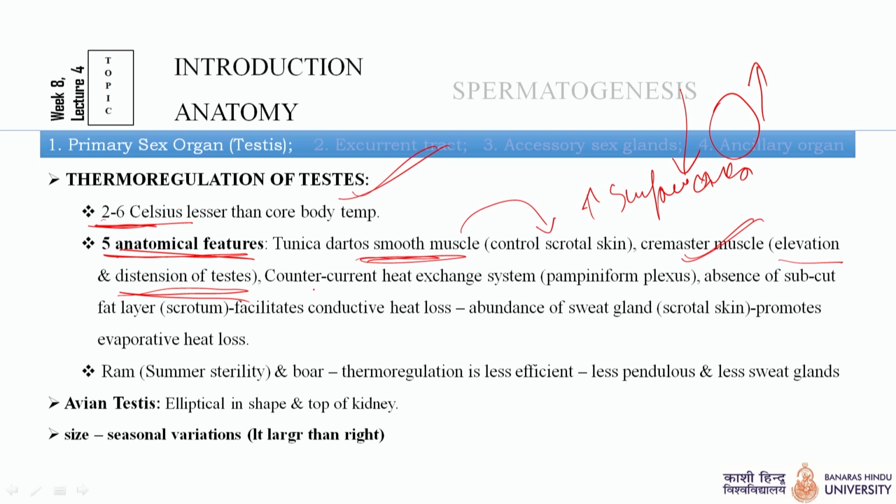Then the third important mechanism is the countercurrent heat exchange mechanism. Countercurrent means what? One goes and one comes in the opposite way. So the veins moving away from the testis carry cool blood, whereas the artery carrying blood towards the testis carries hot blood.